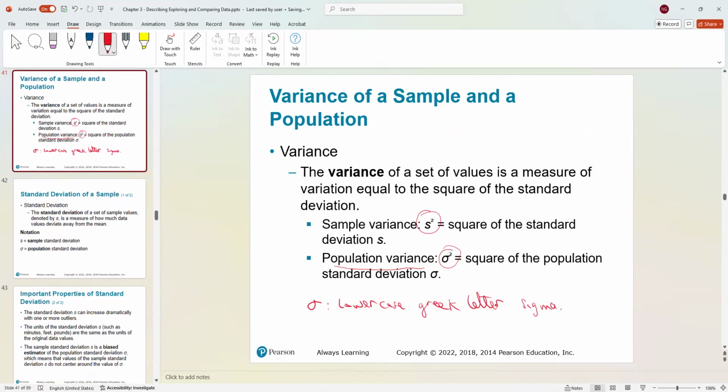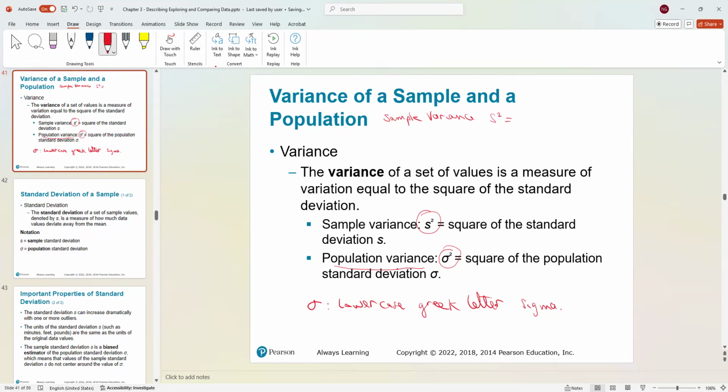For the sample variance, we're going to call it S squared, and remember we do it for the sample.